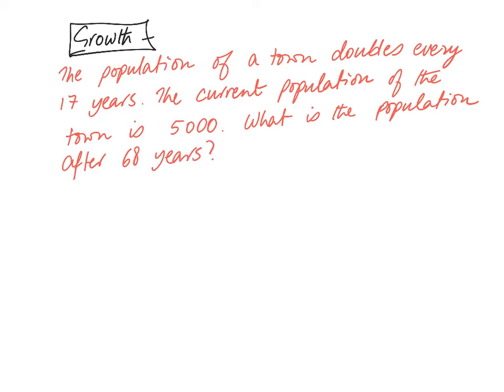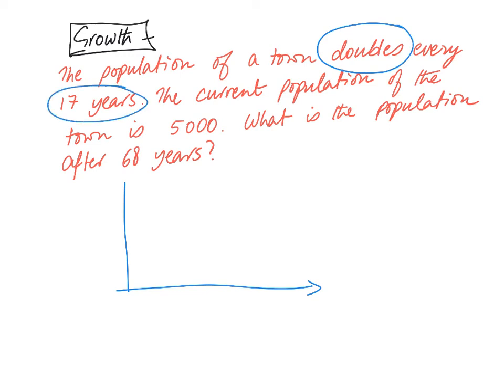So let's plot this graph. So the population is doubling every 17 years. So at 0, it's at 5,000. After 17 years, it should become 10,000. After 34 years, it's 20,000.